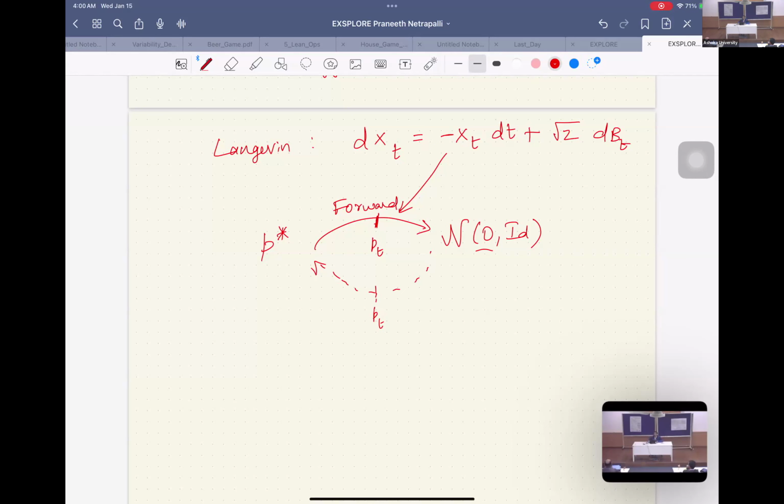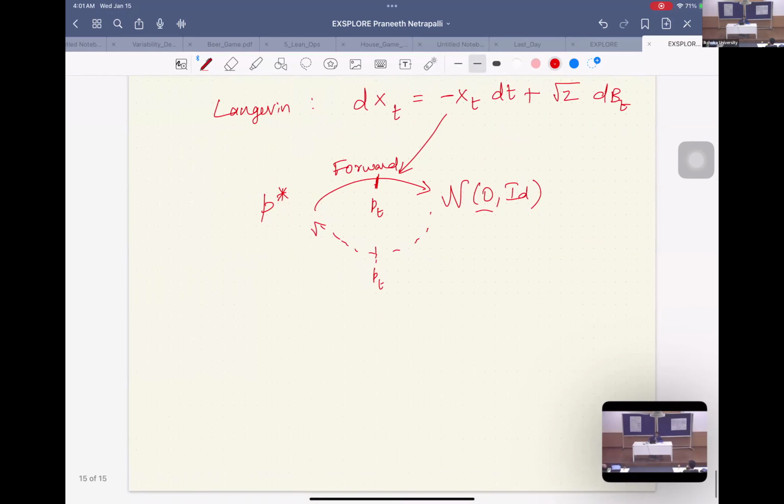You can put a constant to make it even more strongly log-concave. I mean, this is usually computationally fine. Going beyond usually doesn't help too much. This is already a constant time convergence.